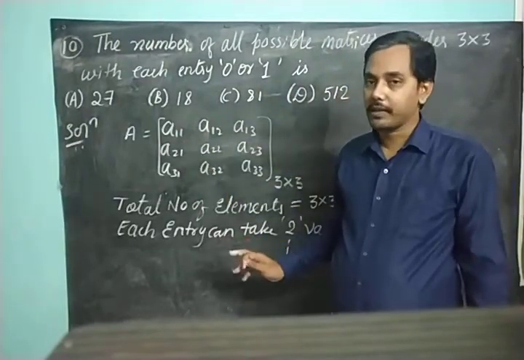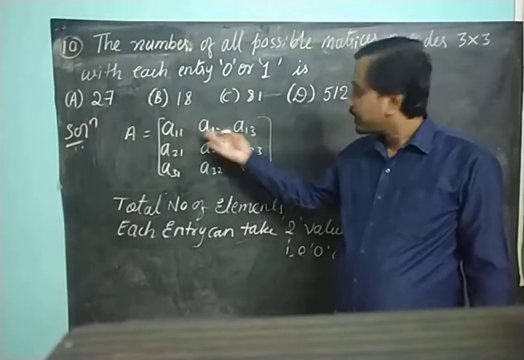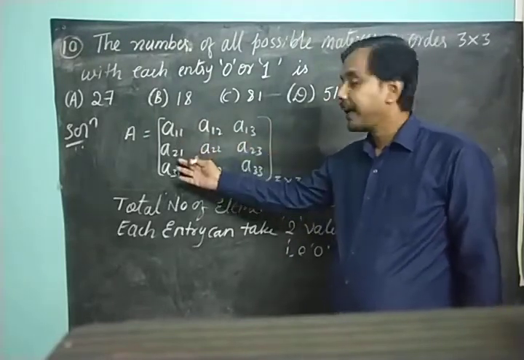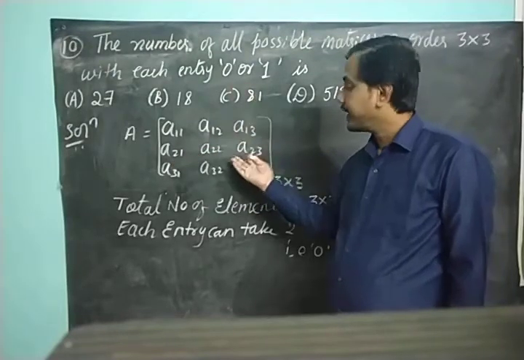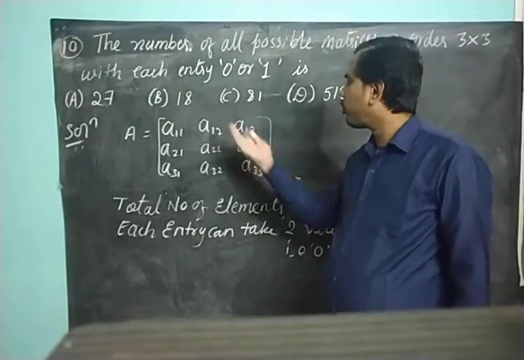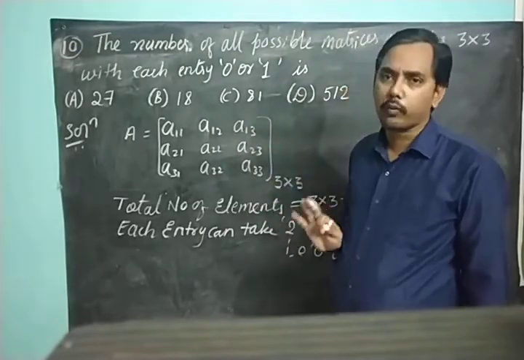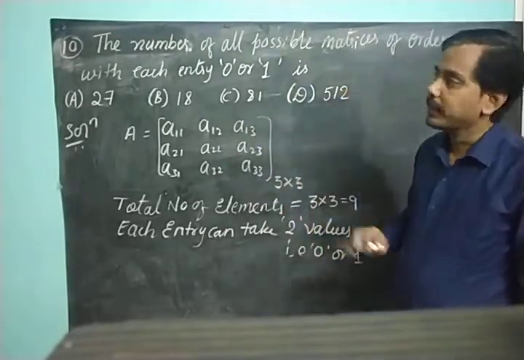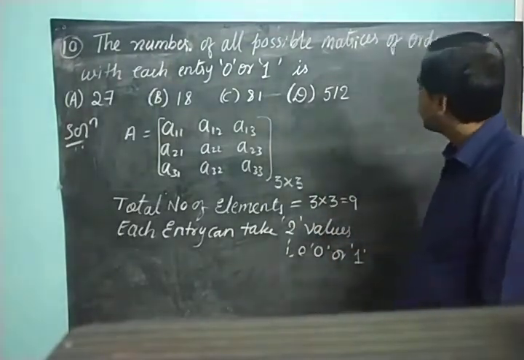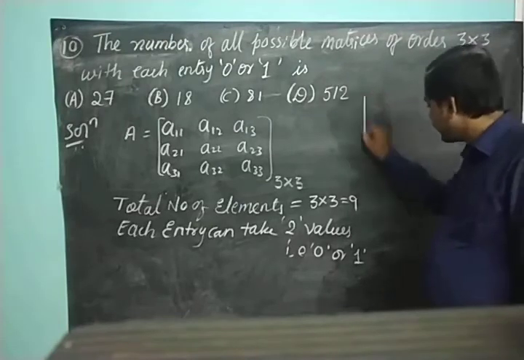If A11 is 0, A12 can take 1, A13 can take 0, A21 can take 1, A22 can take 0. Every value can be either 0 or 1. There is no compulsion. All possible ways are there.